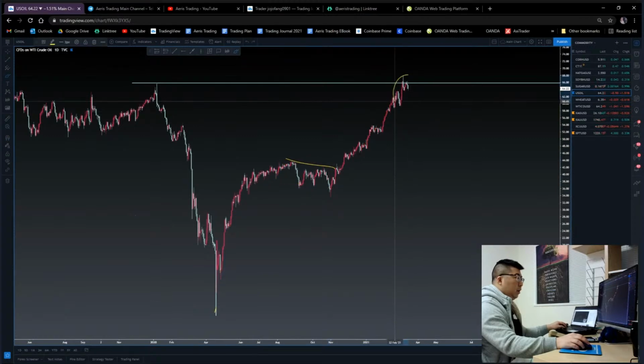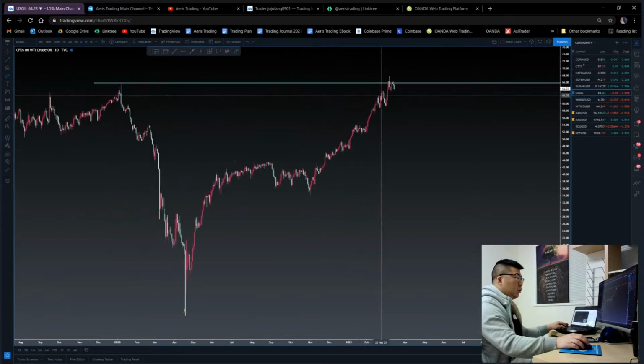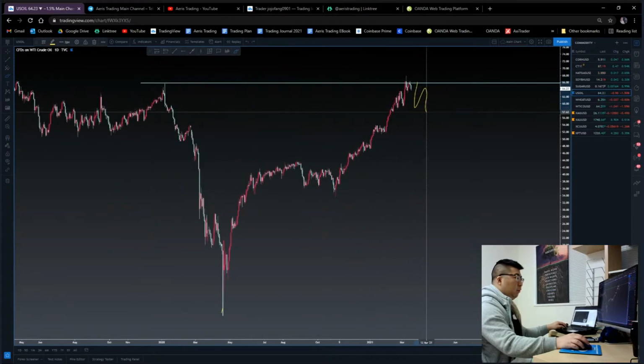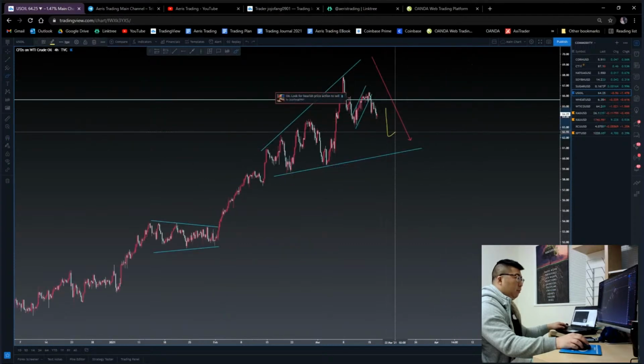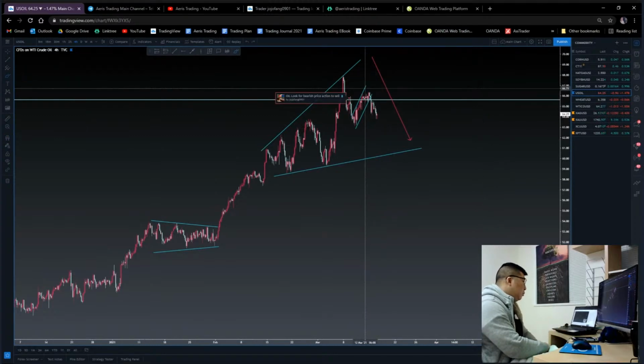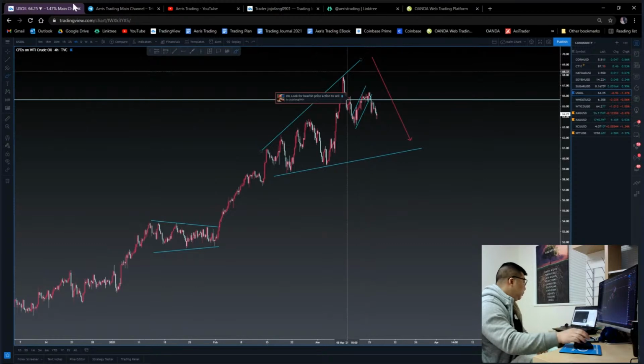After seeing this kind of sharp impulse move to the upside, naturally I was looking to see if it's going to form another correction, and really that's the same idea of what we see here. So expect this push to at least correct to the downside, and then reevaluate to see if this is going to reverse up or just break through and continue lower. All right, so that's what I see on oil.